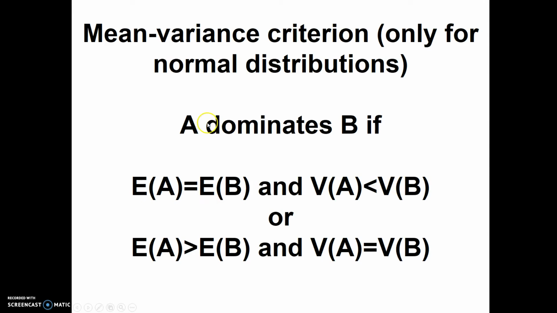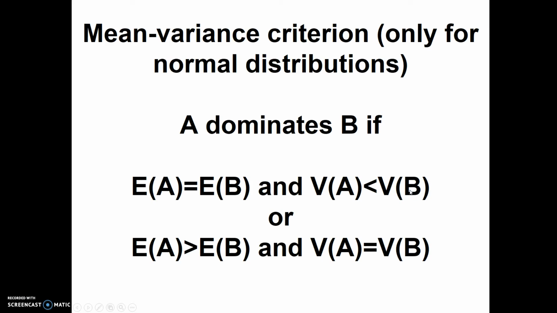We can say that strategy A dominates strategy B if the expected value of A, the mean of the A strategy, is equal to the mean of the B strategy, but the variance of A is lower than the variance of B. This means that A dominates B if the average is the same, but the variance of A is lower.